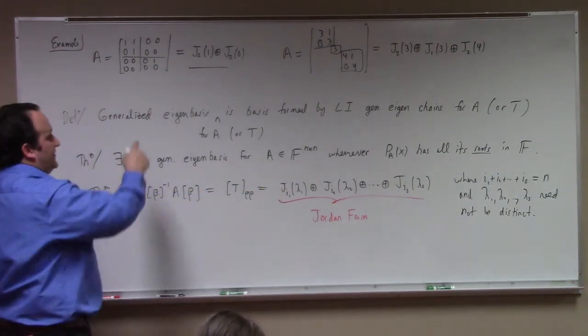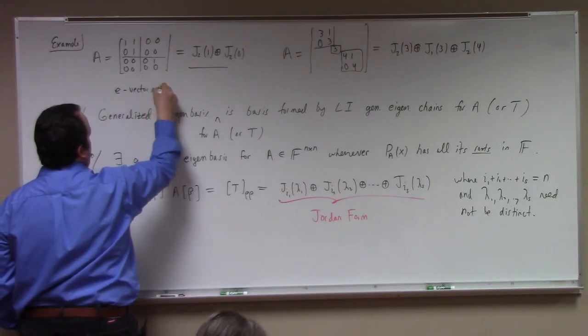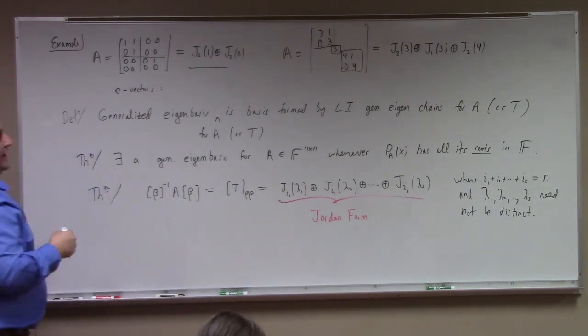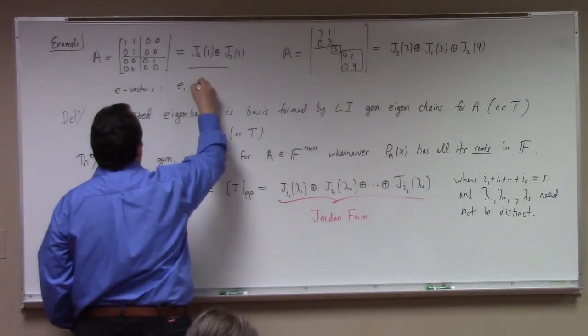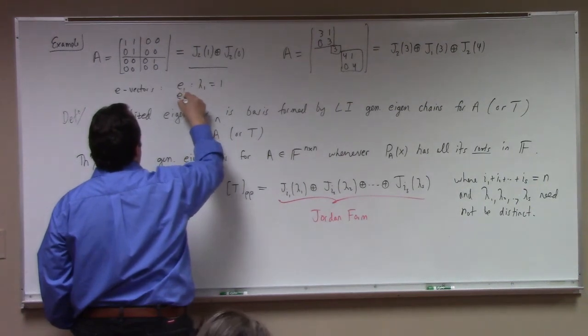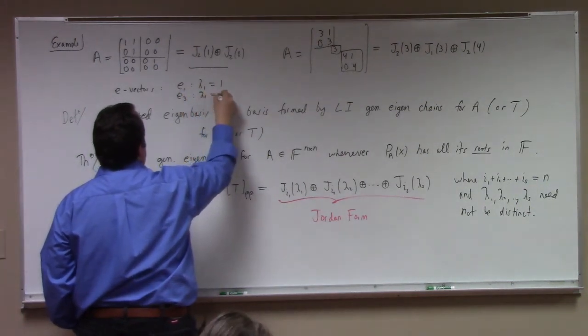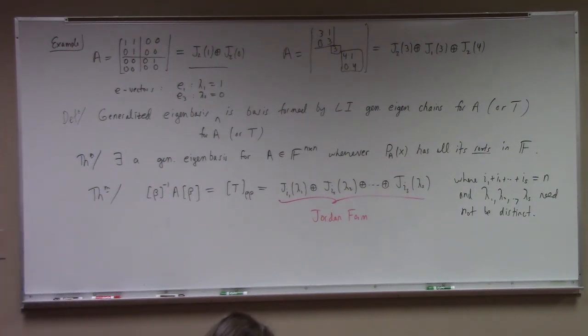What are the eigenvectors here? I can tell you the eigenvectors for this matrix are E1 with lambda 1 equal to 1, and E3 with lambda 2 equal to 0. And there is also a generalized eigenvector of order 2, both for 1 and for 0, namely E2 and E4.